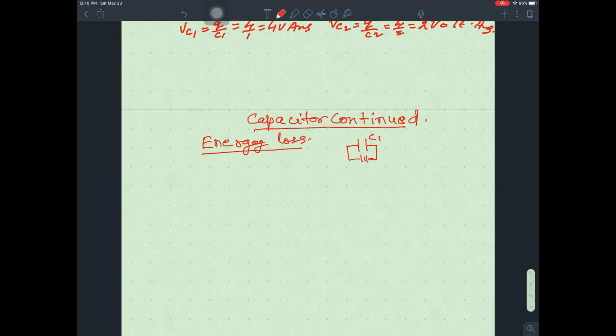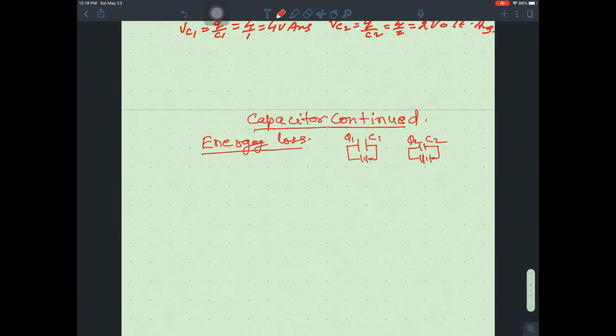This capacitor is C1 and another capacitor is C2. This is also charged with the battery. So Q1 becomes the charge on this and Q2 becomes the charge on this.